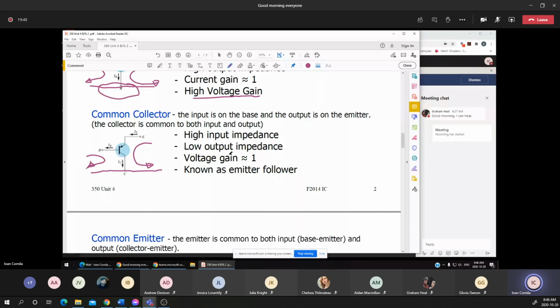It has a very high input impedance, very low output impedance, which gives you an idea about the applications of this type of connections or this type of circuits that may be used. Most of the time it's referred to as the emitter follower because there is no gain in voltage. The voltage gain is almost 1, but it has a very high input impedance and very low output impedance.